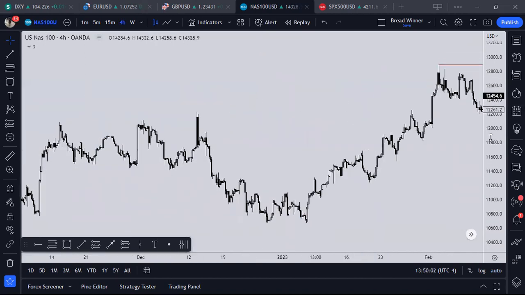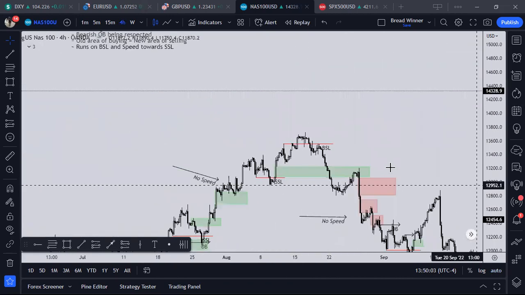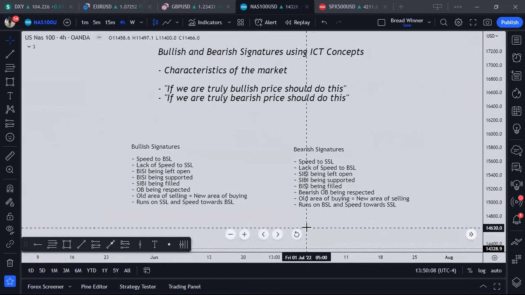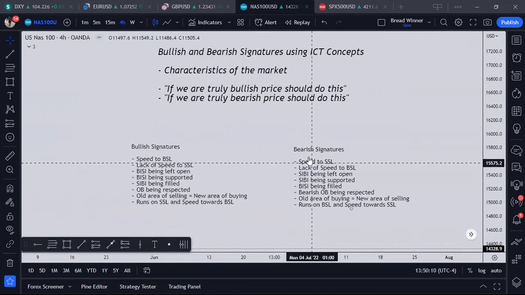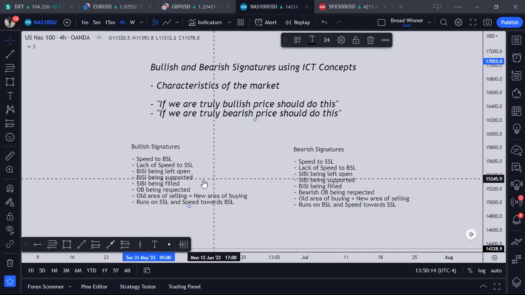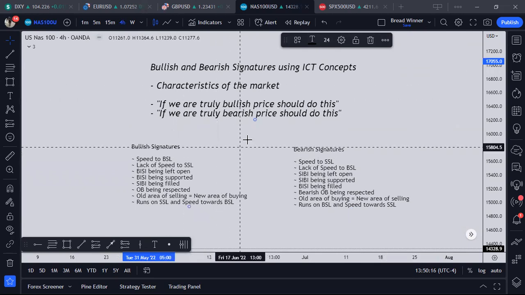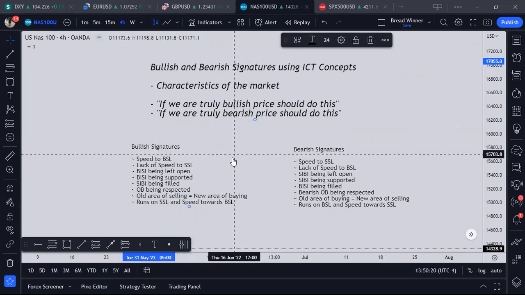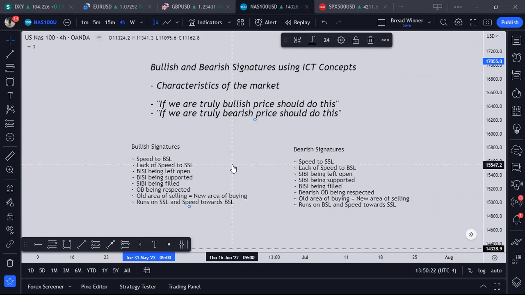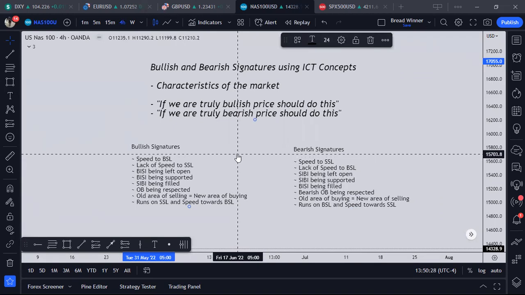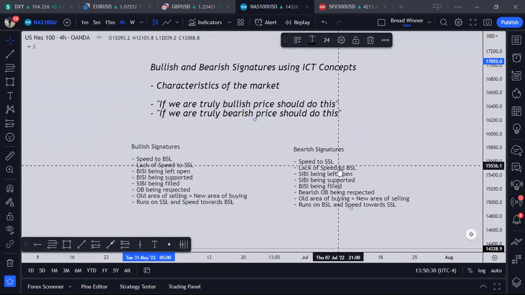So I'll just go back up to where I had the signatures at, so that you guys can either take notes, screenshot it, do what you need to do. But speed, lack of speed to sell side, these are all the bullish signatures. So also you can add in old BISIs can be looked at as resistance in bearish signatures.